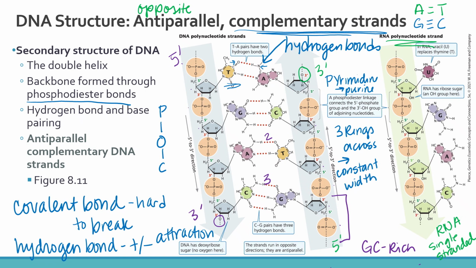So some of our RNA molecules are going to remain essentially stretched out, single-stranded. Others are going to fold back on themselves based on complementary base pairing and produce a different 3D structure. So for DNA, we're always going to have that double helix. RNA, we're going to have a variety of different structures based on a single-stranded molecule.